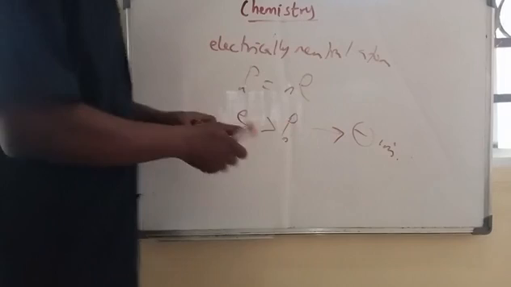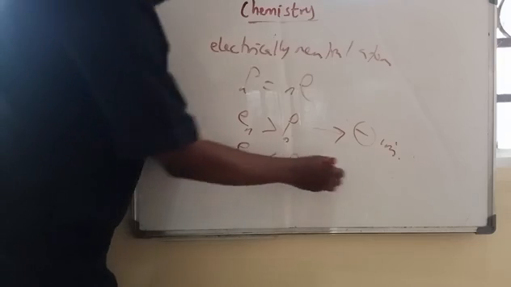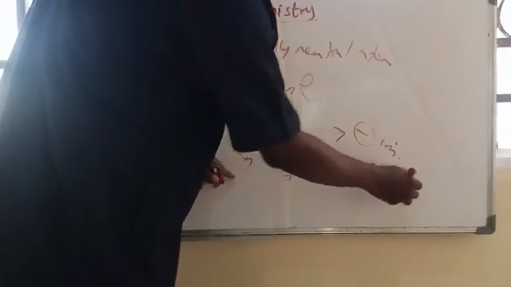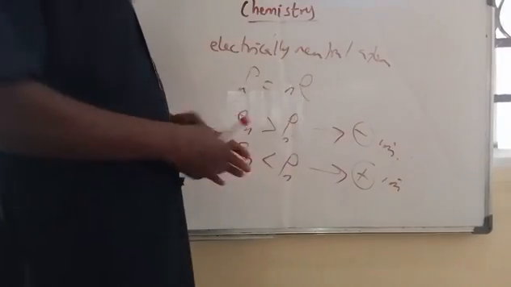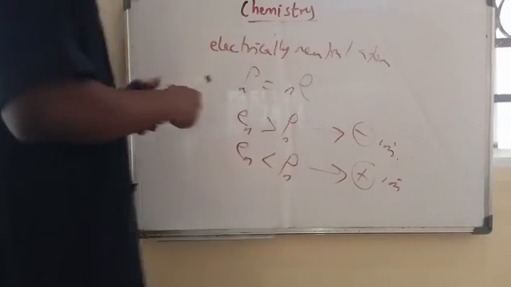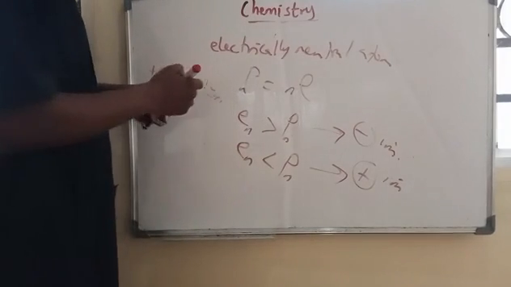Then when the number of electrons is less than the number of protons, it results in the formation of what? A positive ion. You understand? Because you have more positive than negative, the net is just like positive 3 plus negative 2, which gives you positive 1.